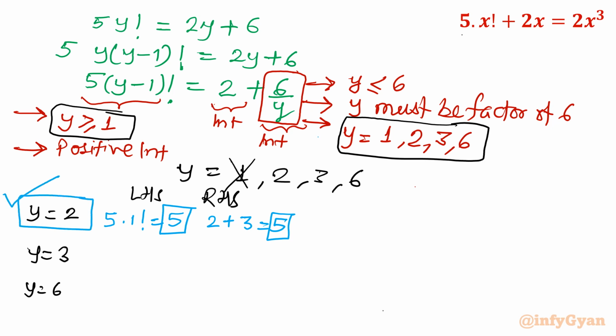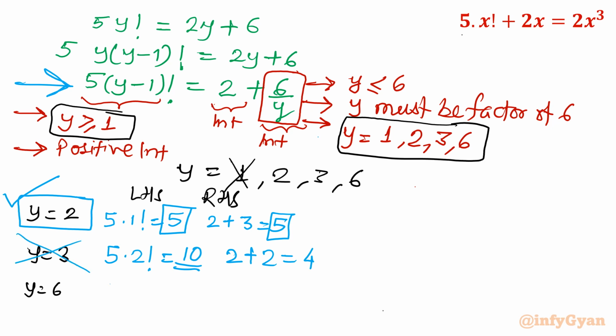It is true. y equal to 3: 5 times (3 minus 1), so 2 factorial. 2 factorial is 2, so 10. LHS is 10. RHS is 2 plus 6 over 3, so 2 plus 2. So it is 4. This is not acceptable.